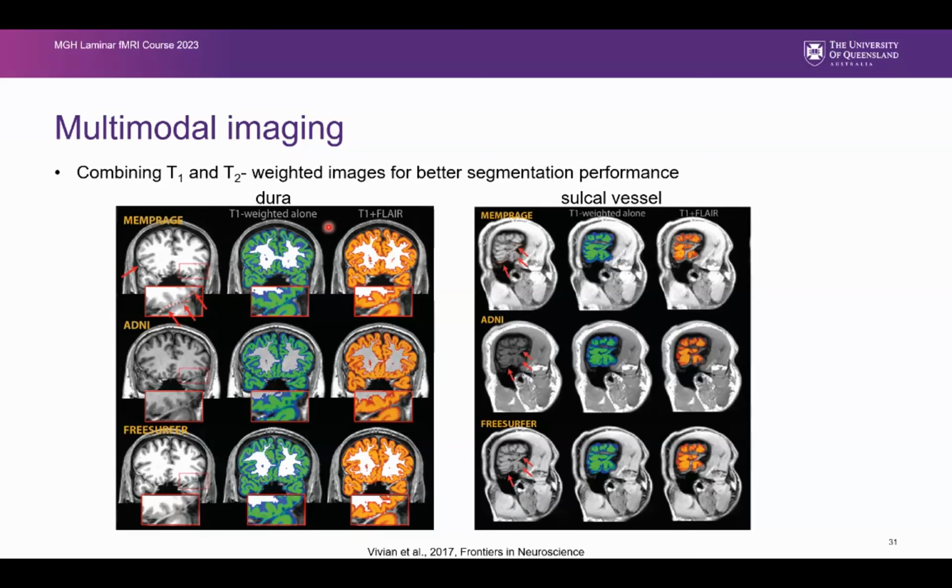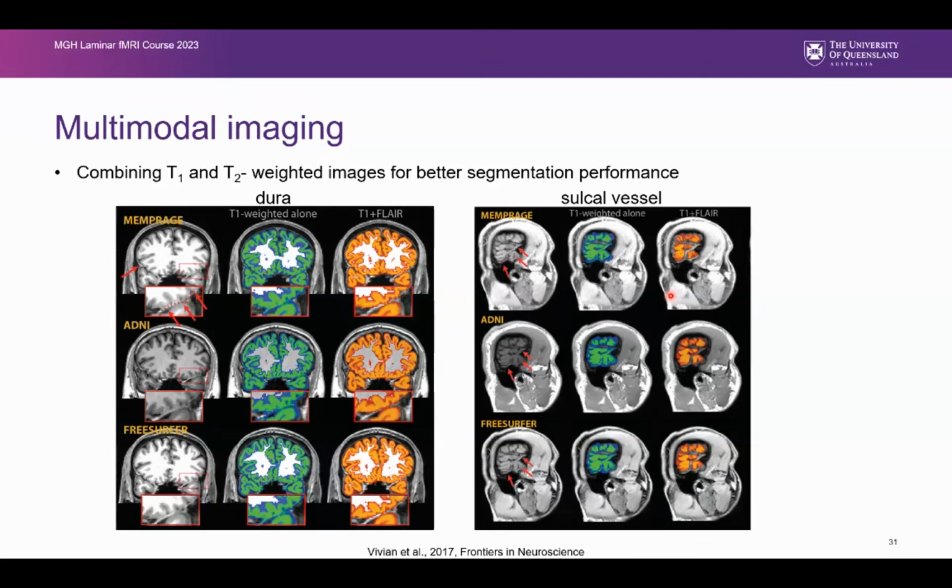If you have the T1 weighted image alone, the dura is included, and you can also see the vessel is included. Whereas if you add a FLAIR, which is a T2 weighted anatomical image, you get quite nice separation. The only problem is getting good FLAIR at 7T. So you're basically changing one problem for another.